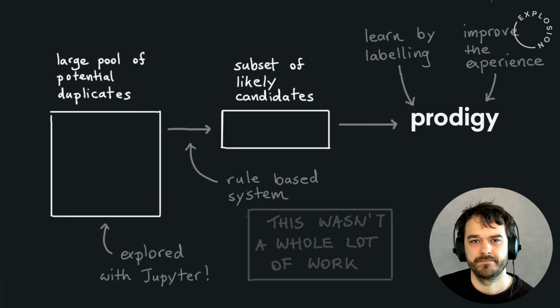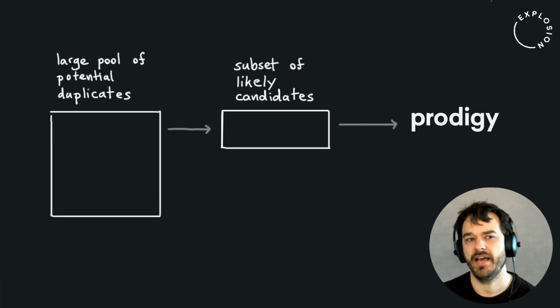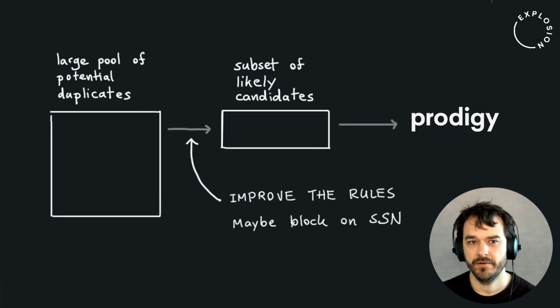Now, as much as I like the current setup, I think it's also good to mention a few interesting avenues for improvement. For starters, we are currently using a rule-based system, and it's been able to generate about 800 or so candidates, most of which we were able to confirm seemed like good duplicate examples.